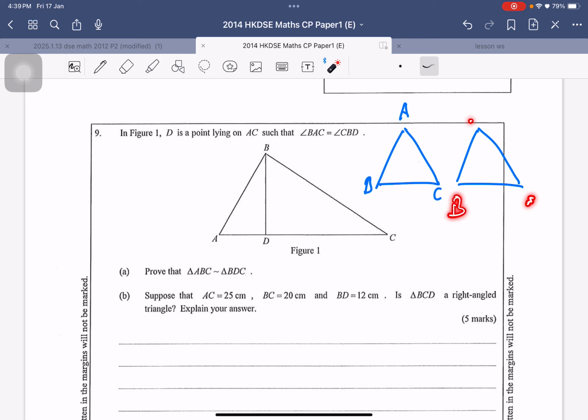Can I write BDC here? No. Why? Follow the diagram. D first, B and then D, D at the left corner, and then C. Okay, understand BDC here.